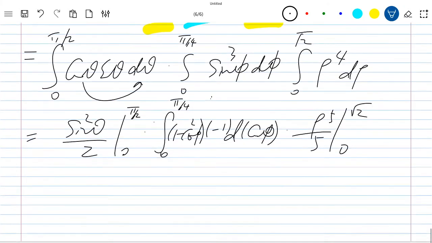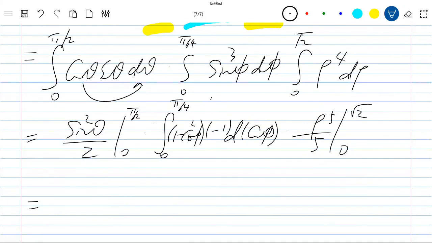Alright, let's see what do we get. Plug in pi over 2, and the sine of that is 1, so this is 1/2. And then what's next? Alright, so we have a negative sign.